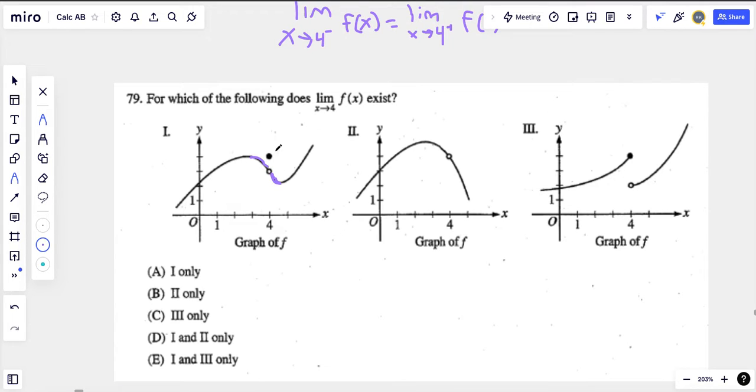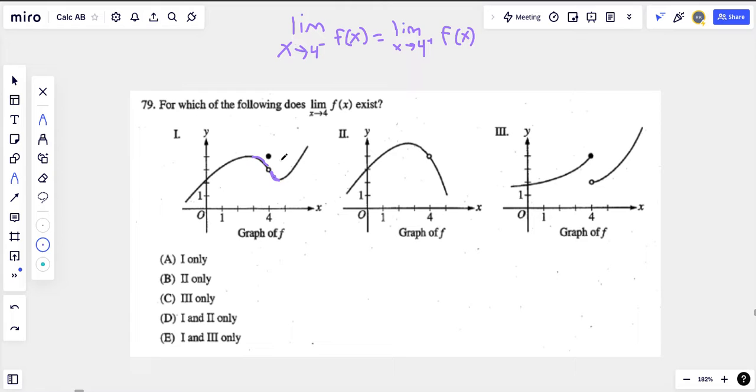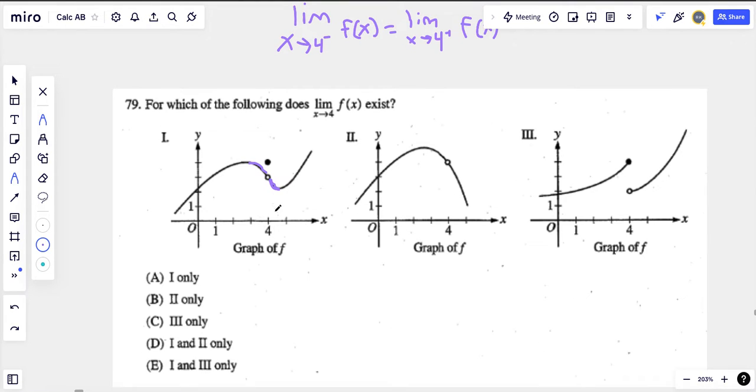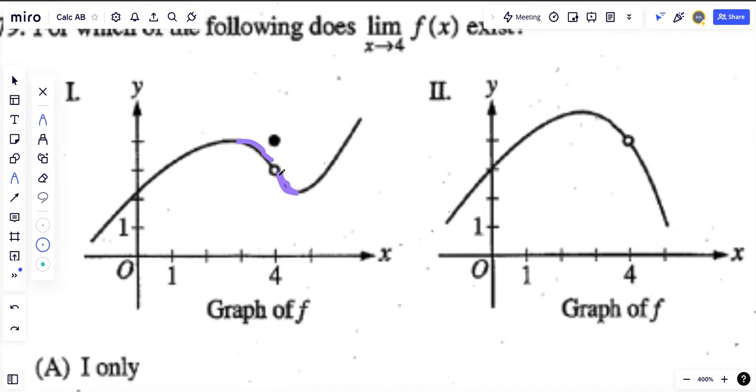Now you may ask, what is this thing here we're doing? Do we look at this? And here's the thing, they try and trick you by putting this dot up here, because although f of 4 exists, the limit of f of x as x goes to 4 is the y value of this and not this.